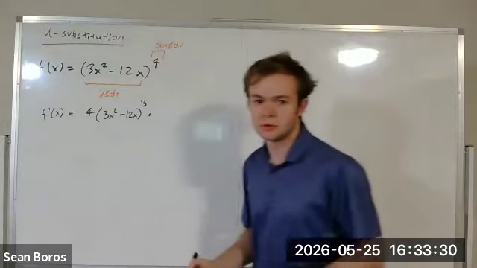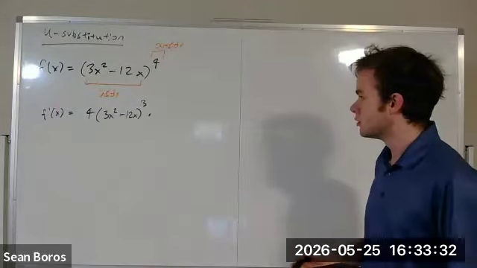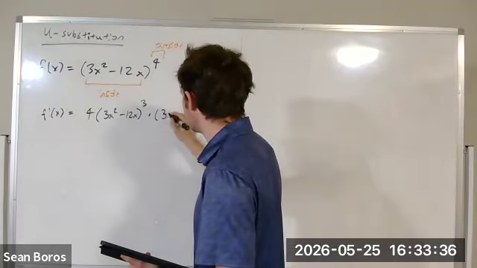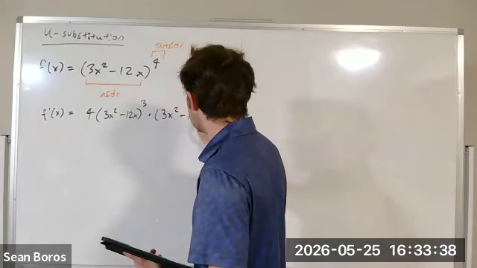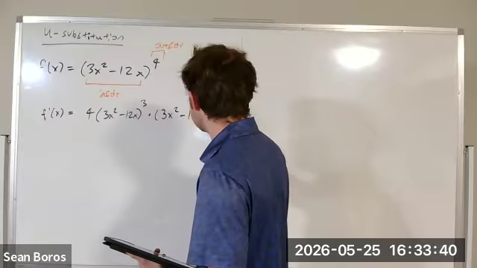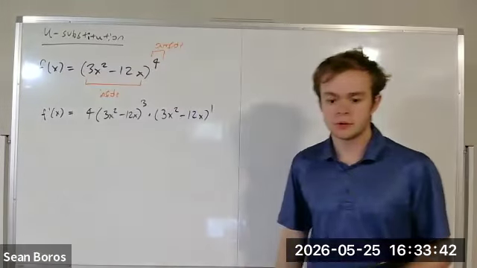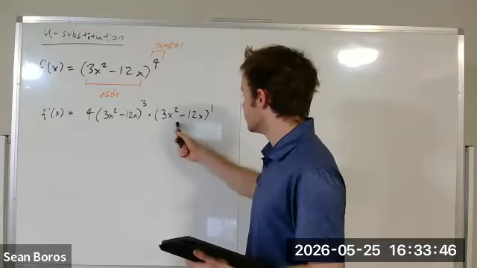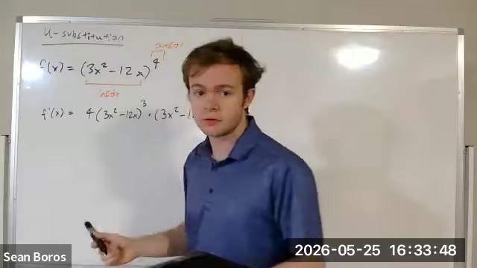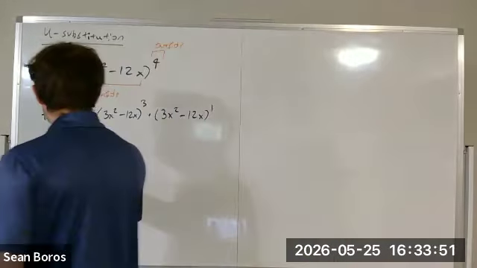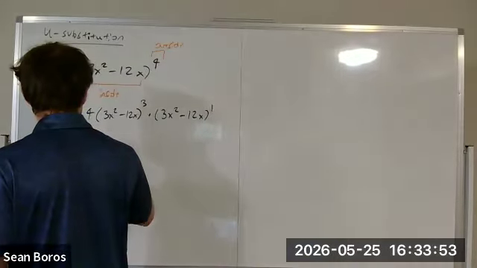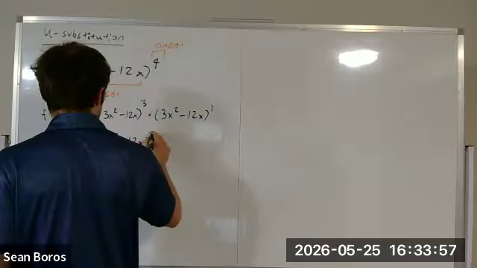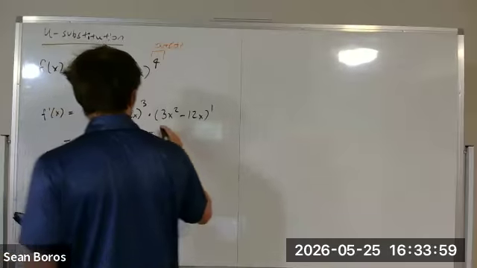And what do we multiply this by? Well, it turns out what we multiply this by is the derivative of the inside function. So this is going to be our derivative, and now we just need to solve for the derivative of the inside function.